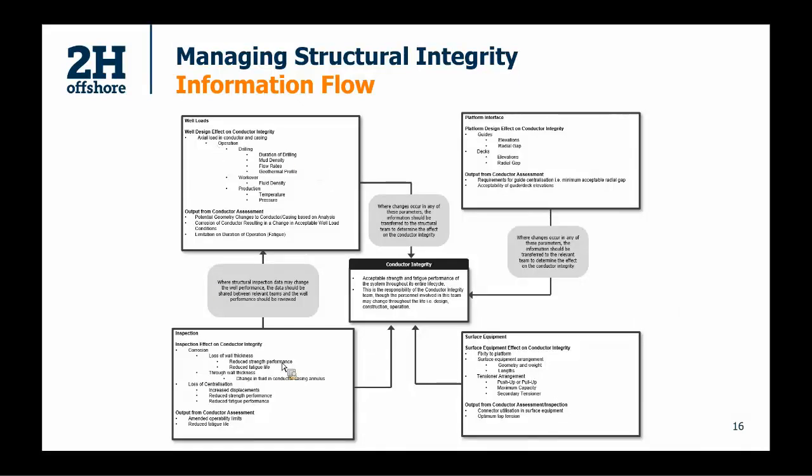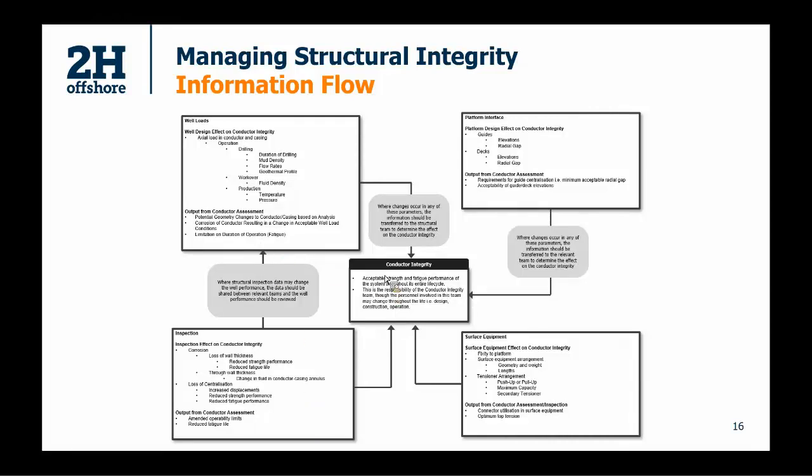But it starts to get complex, because if you do a structural inspection and you see that there's corrosion, there's significant wall loss, that also needs to be fed into the conductor. But if you have a through wall loss in your conductor, that needs to be fed back to the wells team, because if you now have significant corrosion occurring in the surface casing, then the wells team need to go back and look at the casing analysis and see what effect that has on the well itself.